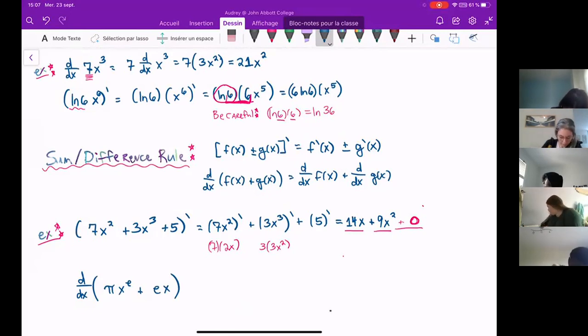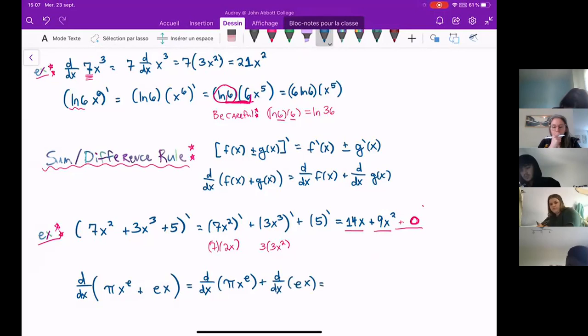So this is saying that I can separate this. I can do first the derivative of pi x to the e, and then the derivative of e to the x. So what's my final answer going to be here?